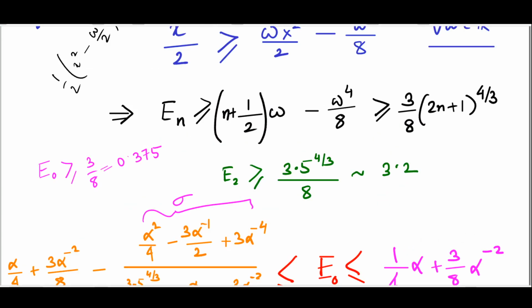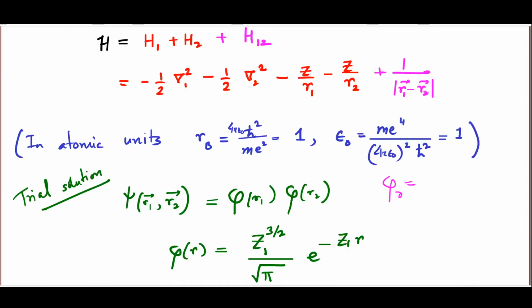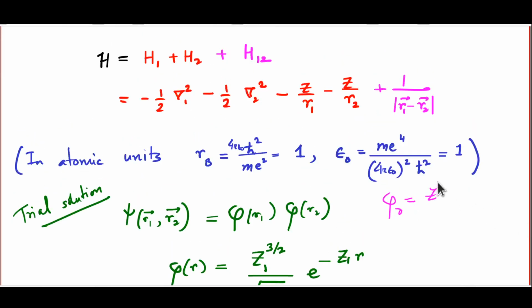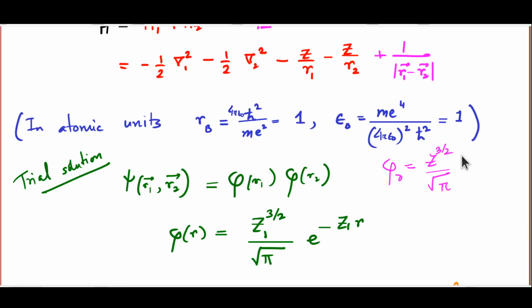And that is Z to the 3 by 2 by root pi e to the minus Zr in the atomic units.